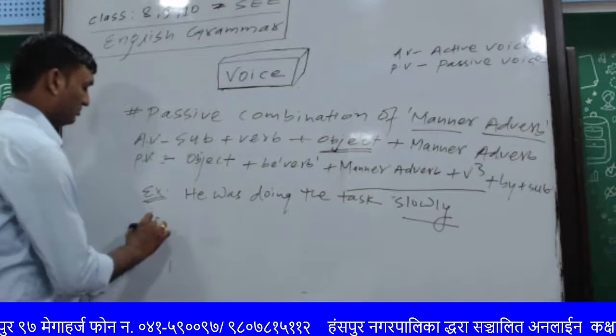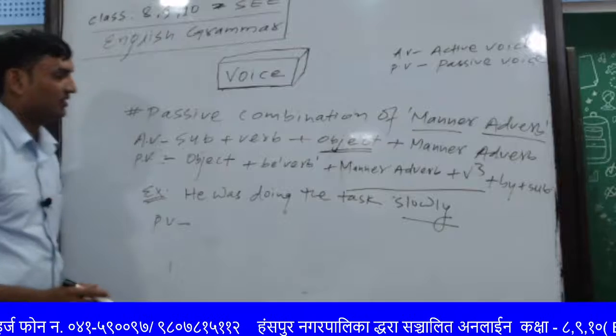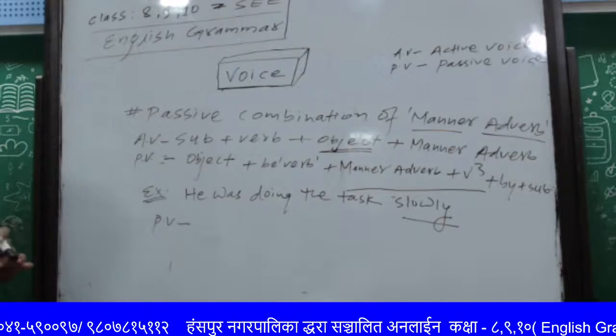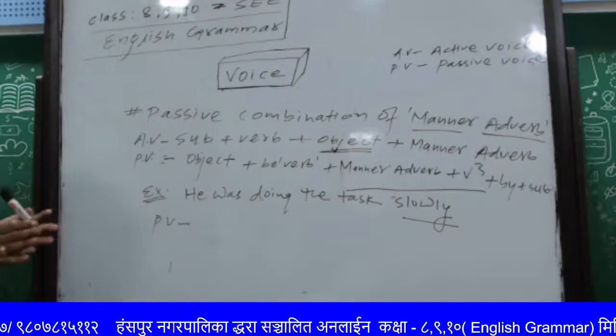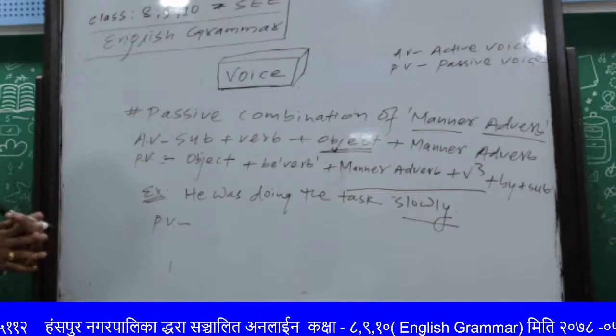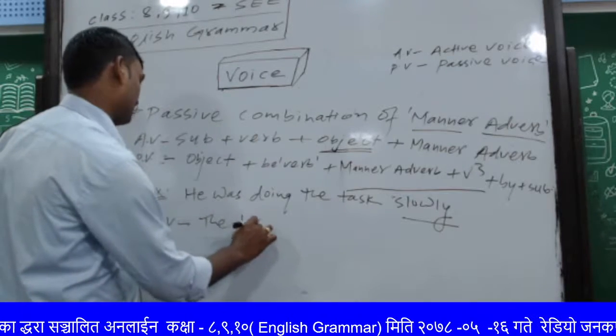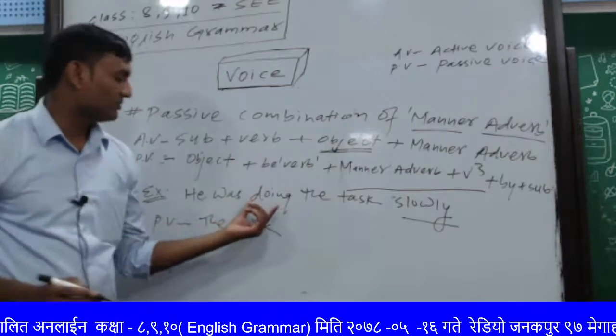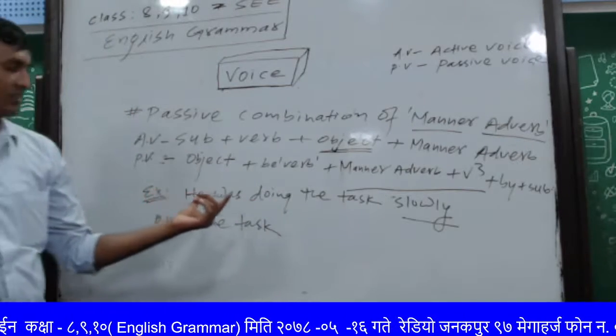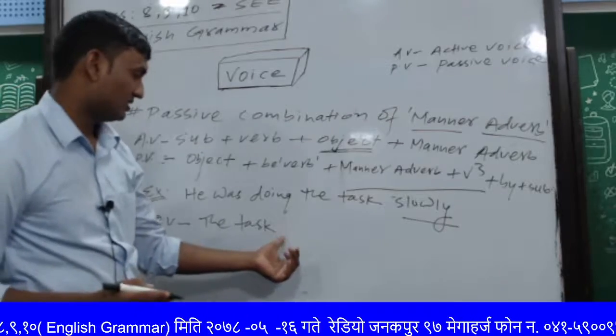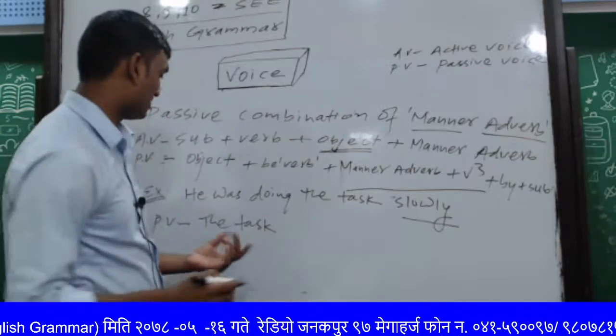Then how to change? First of all, we have to find the object. The object is here the task. Was doing means here past continuous tense. The passive voice of the past continuous: object plus was, then being.